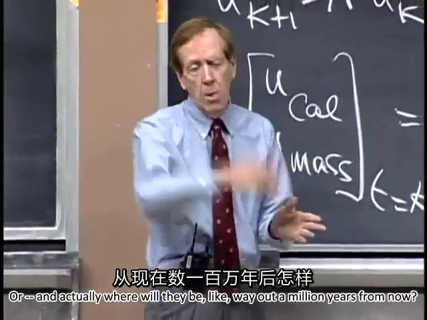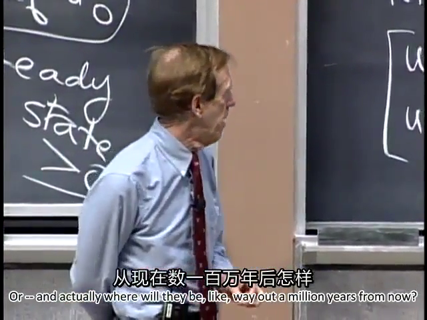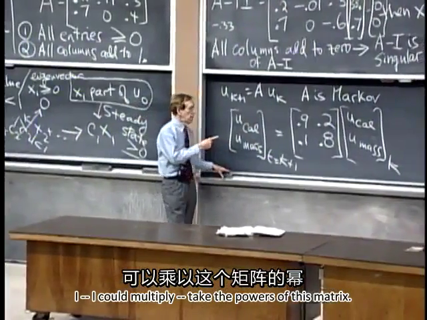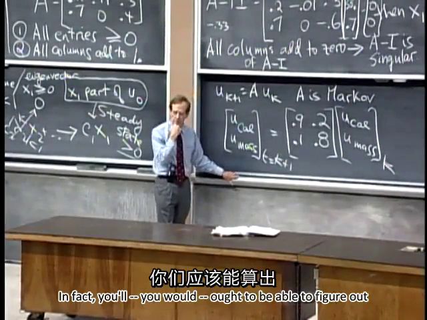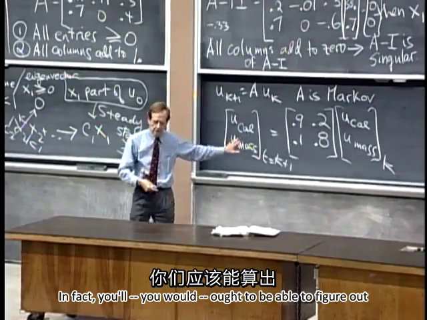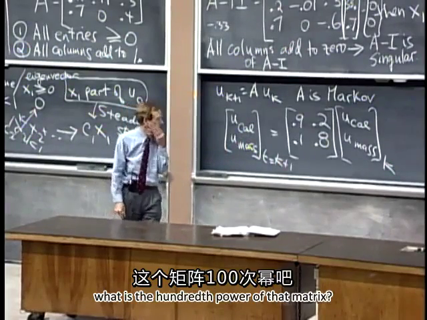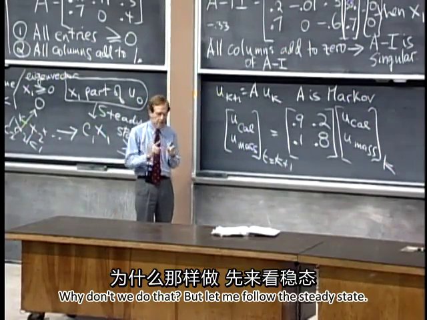Or actually, where will they be, like, way out 1,000,000 years from now? I could take the powers of this matrix. In fact, you ought to be able to figure out what is the 100th power of that matrix. Why don't we do that? But let me follow the steady state.